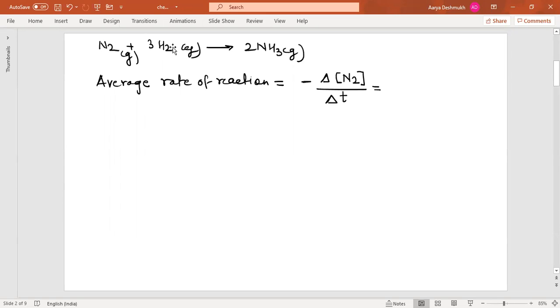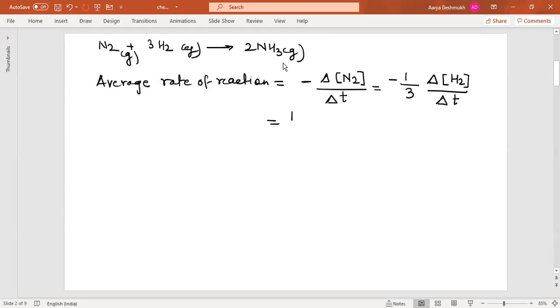So what is the coefficient for this H2 here? This is 3. So this concentration should be divided by 3. So you can write here minus, again there should be a minus sign, minus 1 by 3 delta concentration of H2 divided by delta T. Okay, and this will again be equal to, here there is only one product, that is twice NH3.